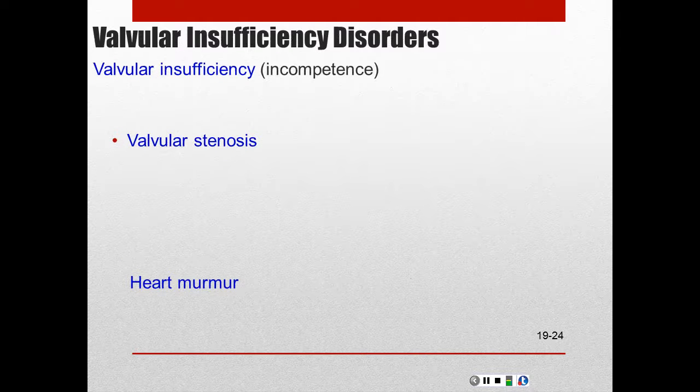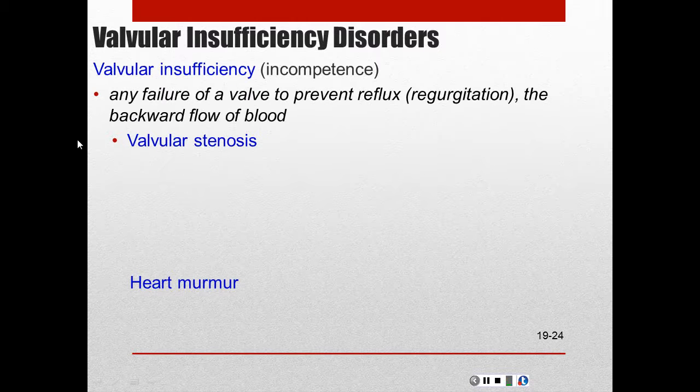Now, here are a few of the insufficiency disorders dealing with the valves. Valvular insufficiency or incompetence is any failure of a valve to prevent reflux, which is regurgitation, the backflow of blood.